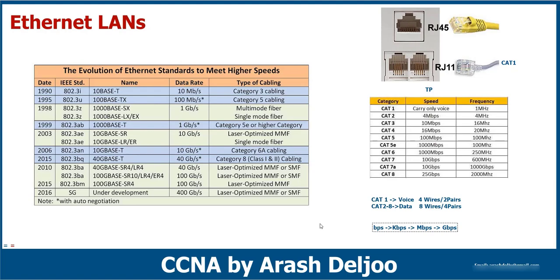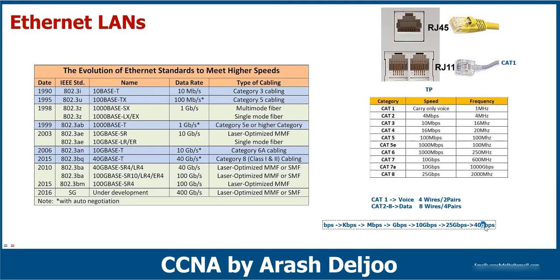If you want to say more than this, you can say 10 gigabit per second. After that, we have more speed, for example 25 gigabit per second. Okay, and then we have another speed with fiber, for example 40 gigabit per second. With cable also you can reach 40 gigabit per second.